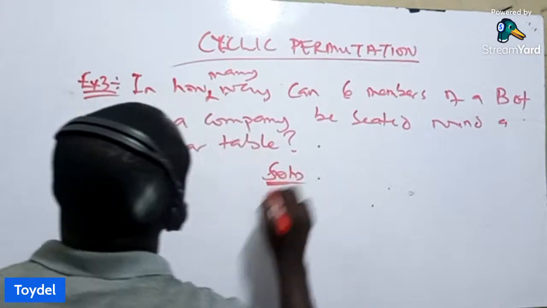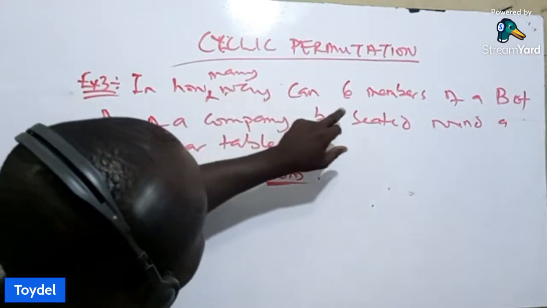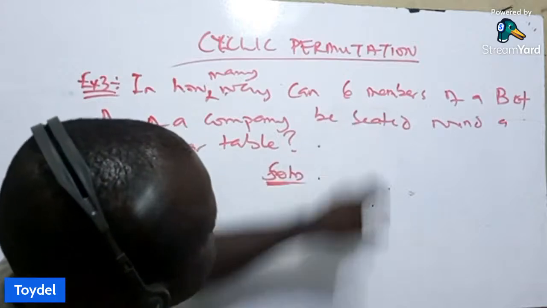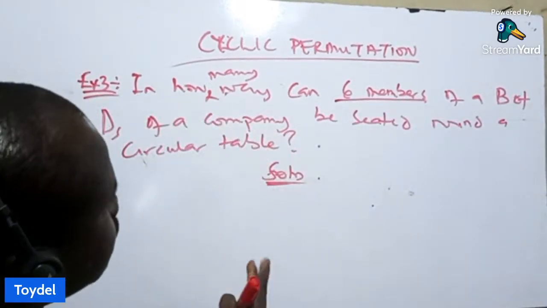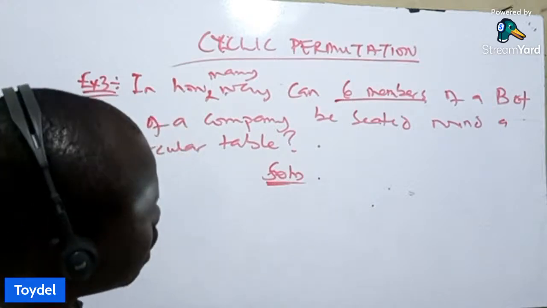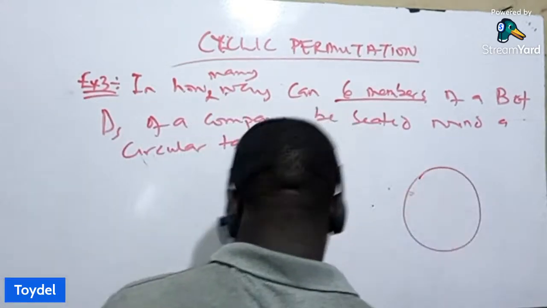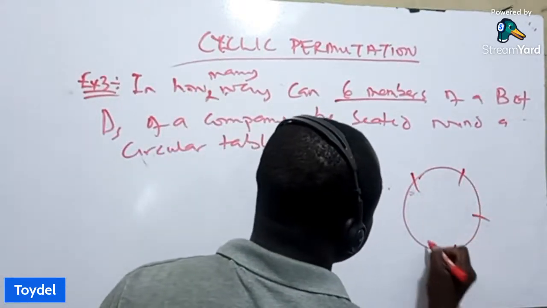So look at this question now. The question says, in how many ways can 6 members of a board of directors of a company be seated round a circular table? Of course, there are 6 members there.